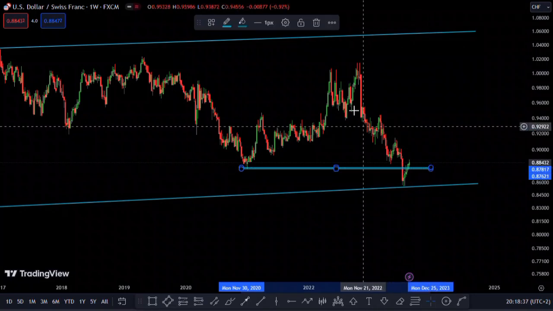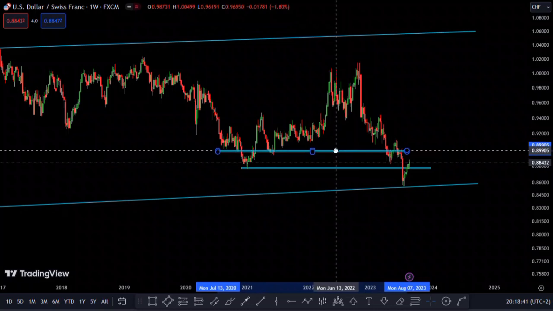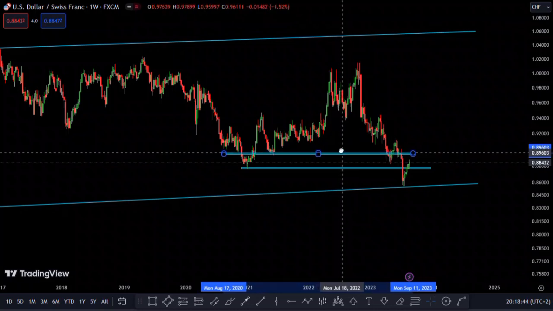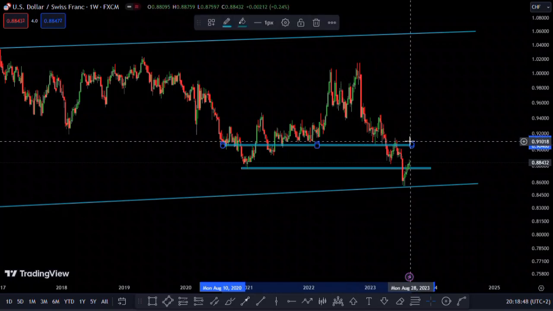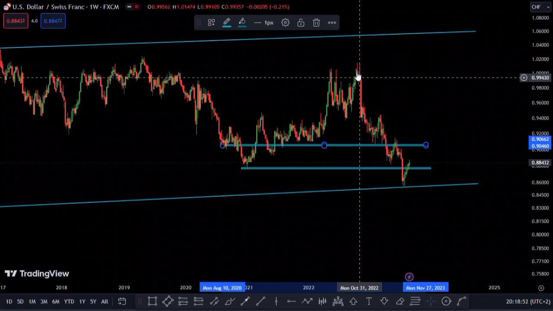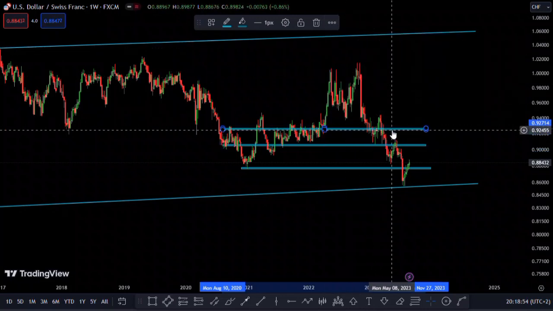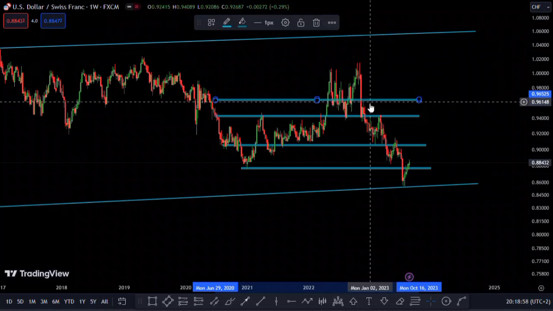We have a sensitive area there. We also have another one here, and then again another one here.